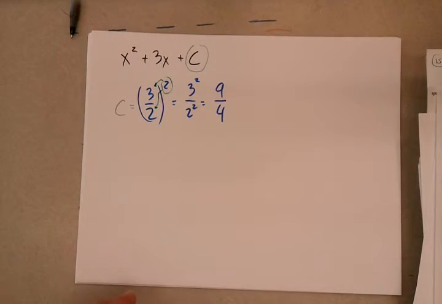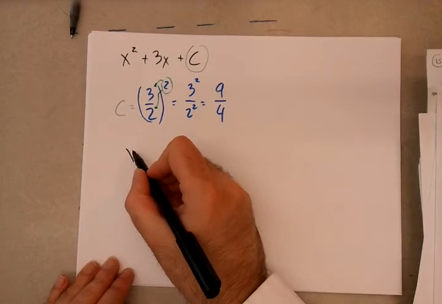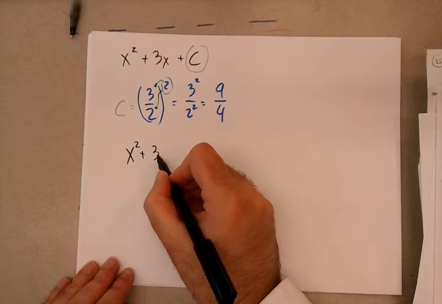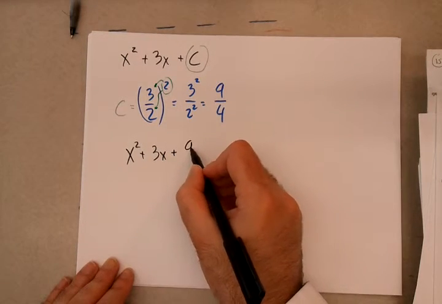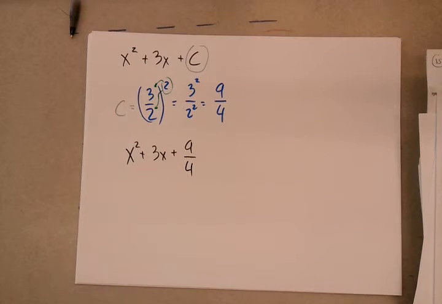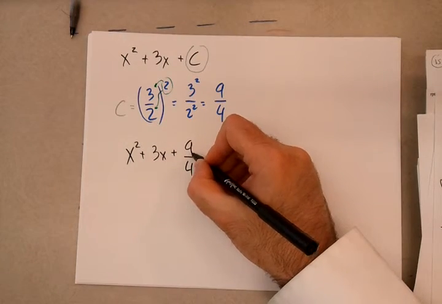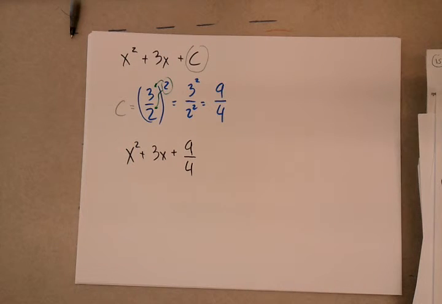And just plug that fraction in there. So don't make it into a decimal. You could do that, but it just makes everything a little bit more difficult. And that's about it. So if it's a fraction, that still shouldn't scare you. It still works out the exact same way.